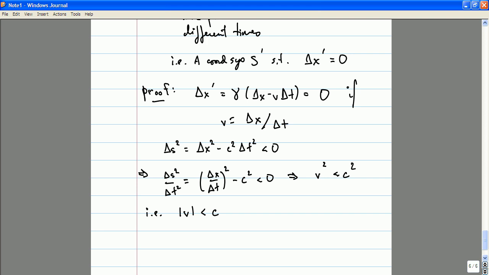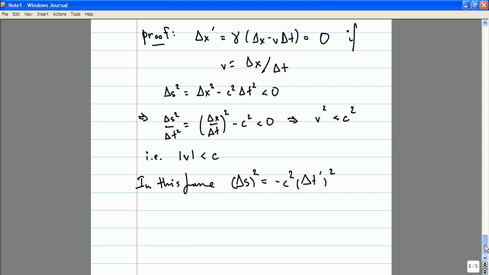And in this frame, delta x prime is equal to 0, and so delta s squared is just minus c squared times delta t prime squared. So we usually give a special name to this quantity when delta s squared is less than 0.